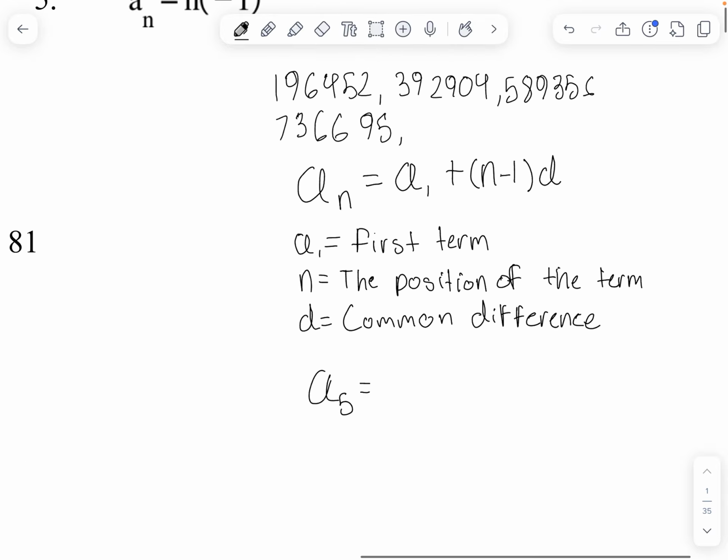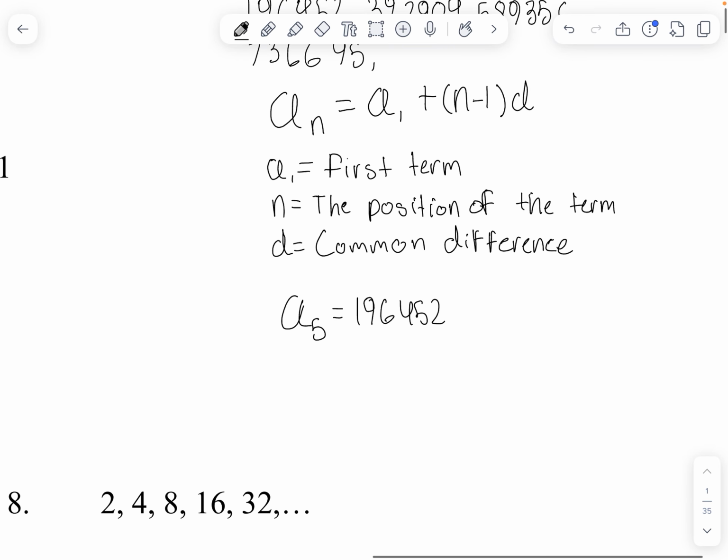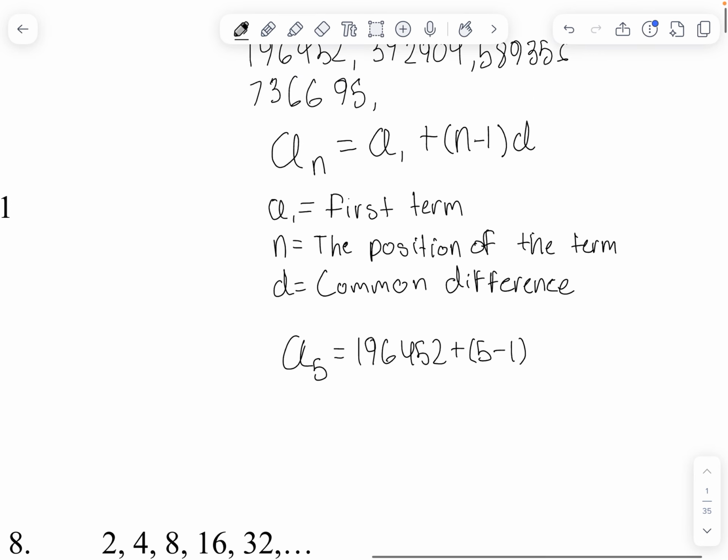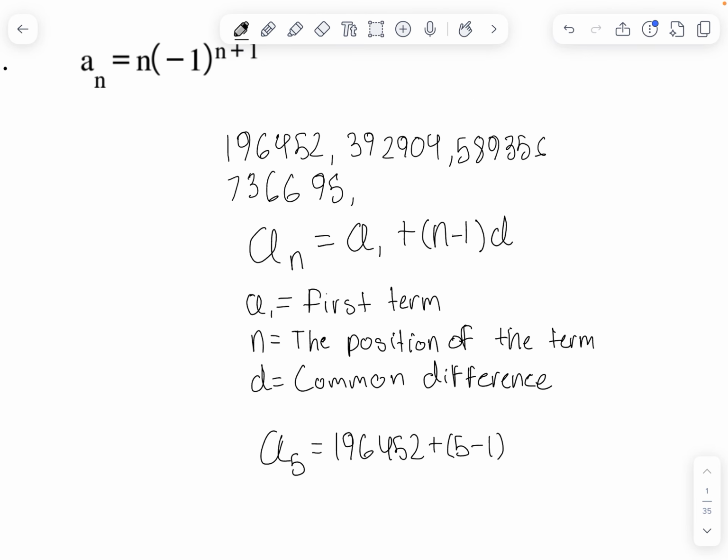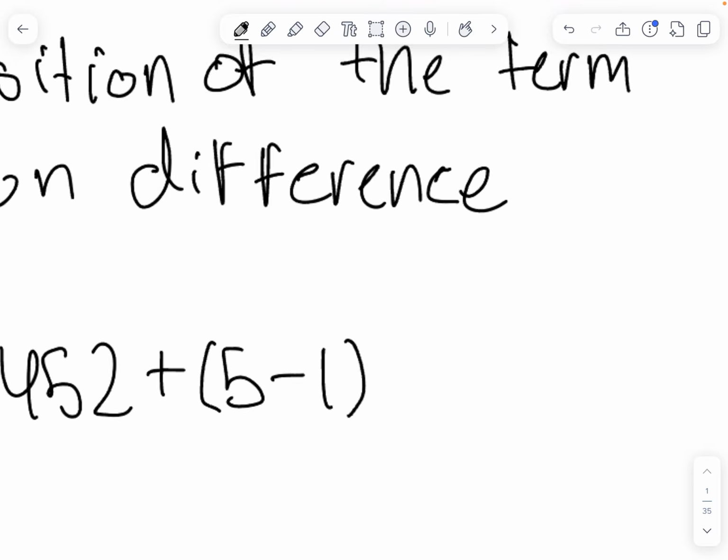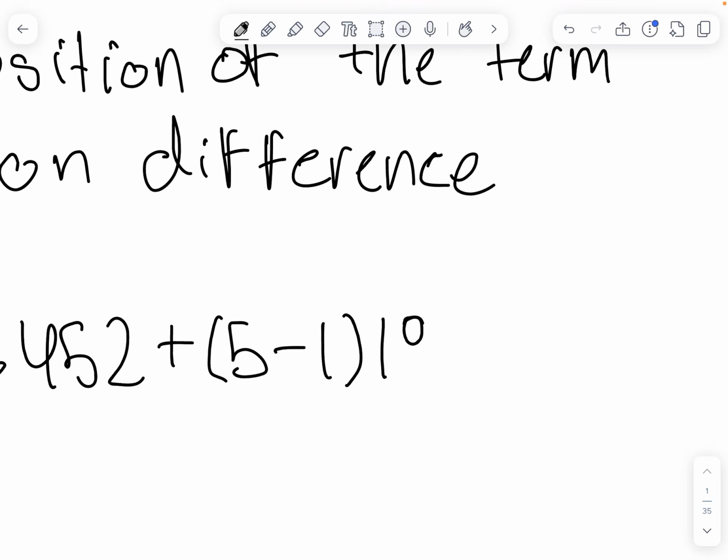So then the term number 1 is 196,452, plus we want to find the fifth term, so 5 minus 1 times the common difference. So the common difference is 392,904 minus 196,452. So the common difference is 196,452.